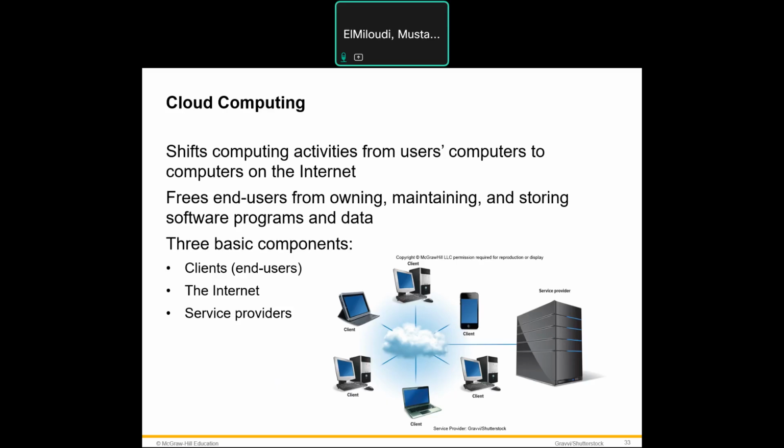They basically rent this infrastructure from companies that specialize in this kind of equipment, like Amazon, for example. A lot of companies take full advantage of them. They just pay for whatever they use.